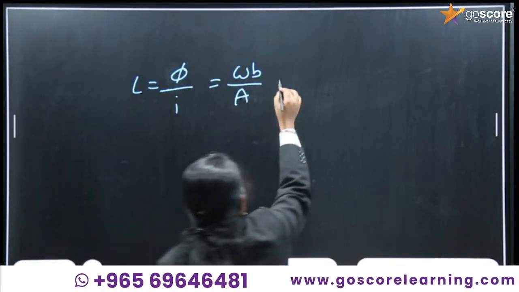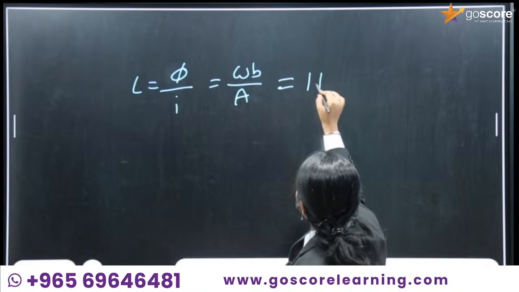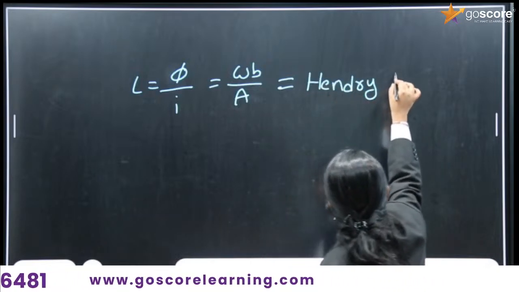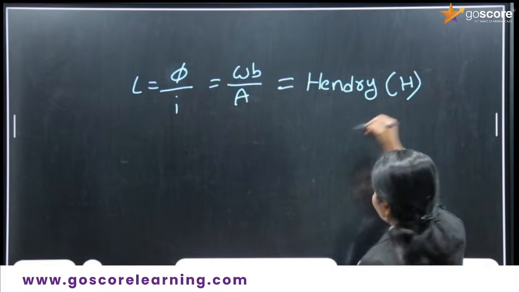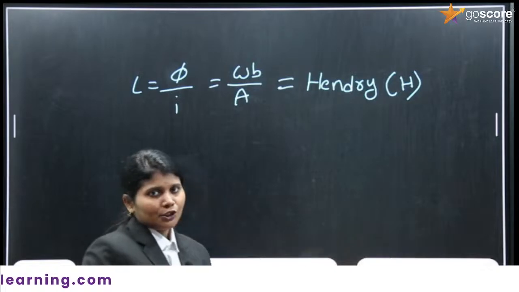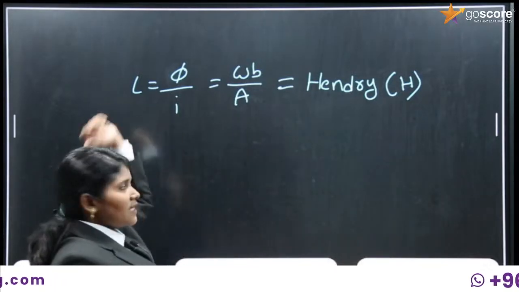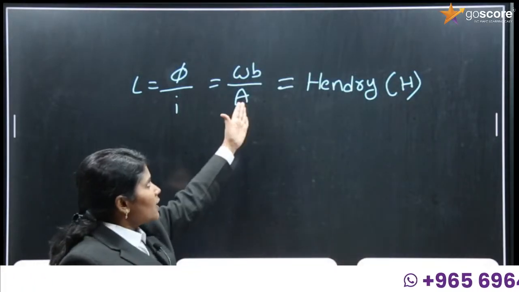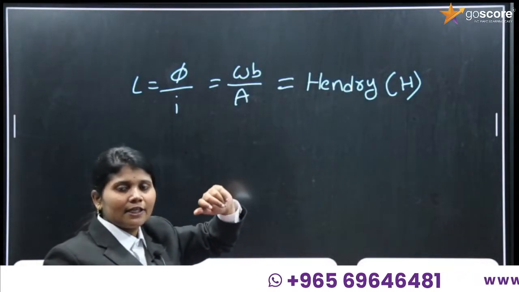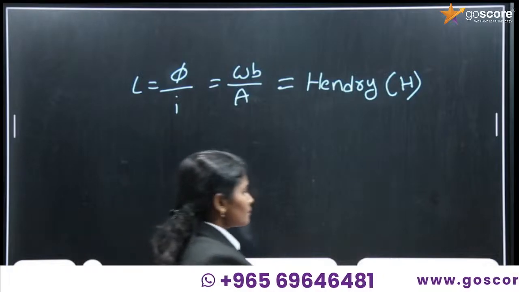This weber per ampere we write as a Henry. Henry is indicated by H. So self-inductance is indicated by L, and its unit is weber per ampere, or Henry.